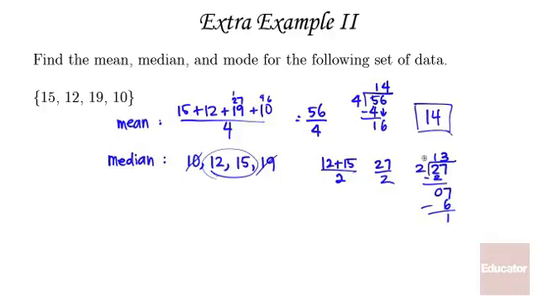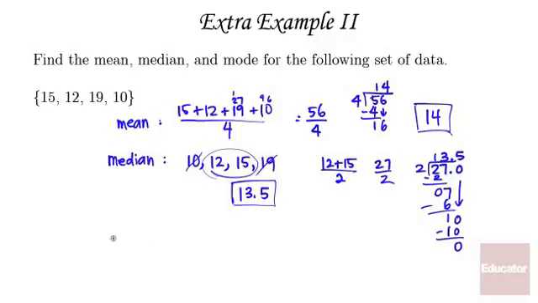Subtract it, get a 1. Okay, then from here, since I have a remainder, I can just go ahead and add my decimal point, add the 0, bring down the 0. 2 goes into 10, 5 times. That gives me 10. I get no remainders. So my median here is going to be 13.5.